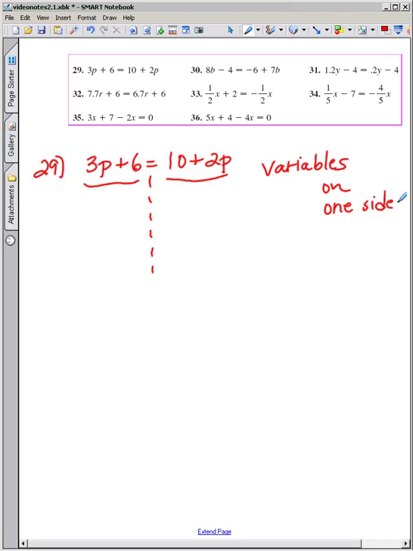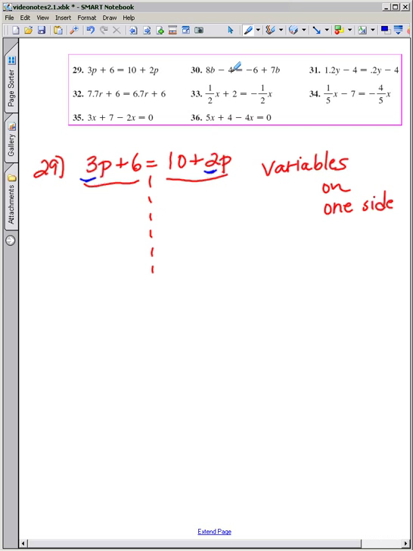So usually what we do is try to eliminate the one with the smaller coefficient. So if I'm looking at the coefficient here is 3, the coefficient here is 2, let's eliminate the smaller one, which is the 2p. So if I want to eliminate the 2p from the right side, notice that I have 10 plus 2p. The way to eliminate it is I have to subtract it. I have to do the opposite sign.